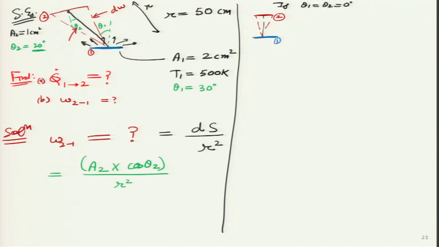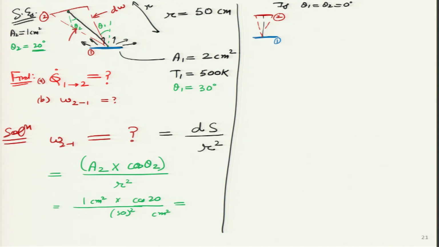But because it is tilted at an angle of 20 degrees, we have to multiply by cos 20 degrees, and the denominator will be simply r square. If I have a calculator, I can plug in these values: 1 centimeter square multiplied by cos 20 degrees divided by 50 centimeter square.